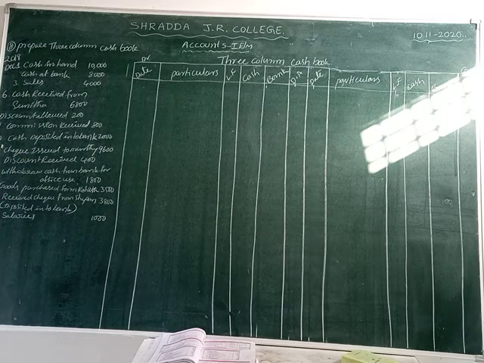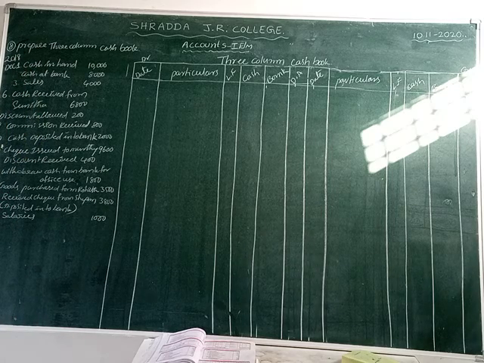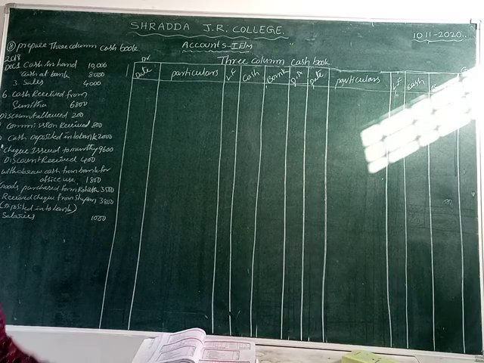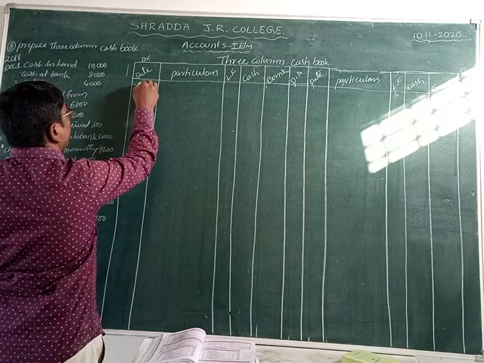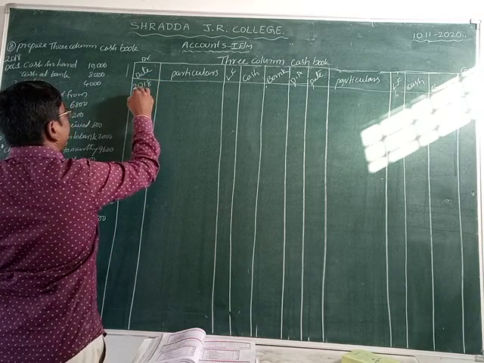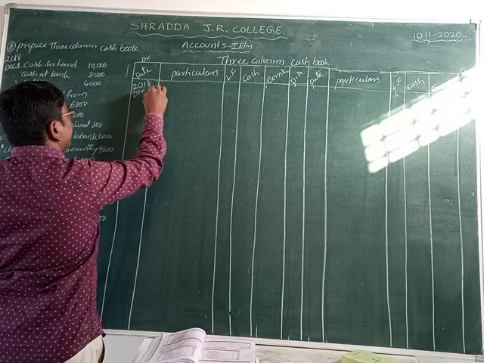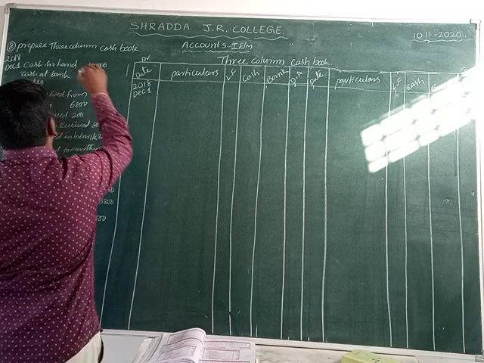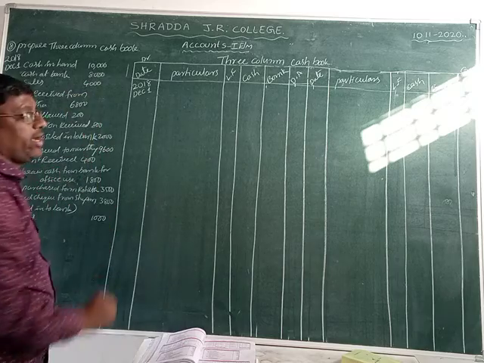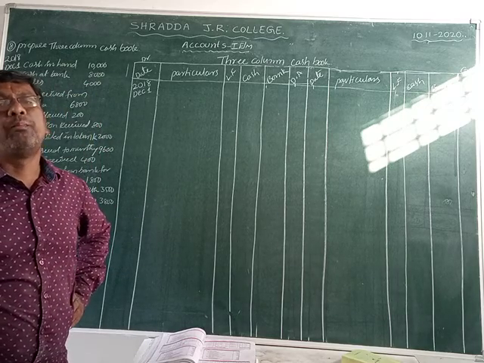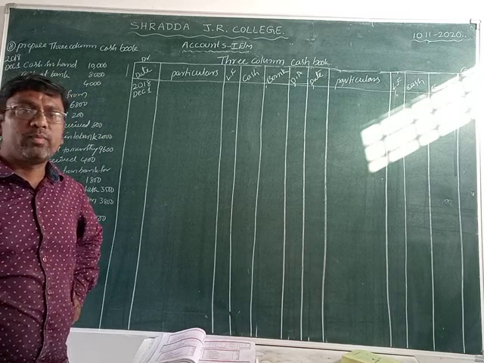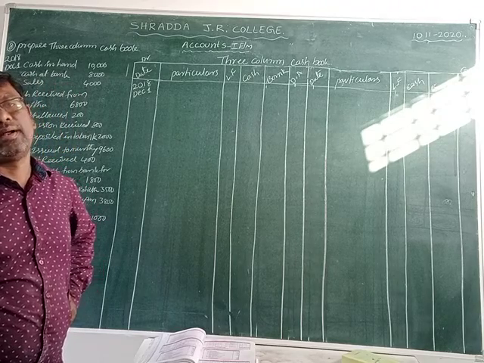What is the first one? 2018 December 1st. What is given? Let us see. December 1st, cash in hand and cash at bank given. Both are what? Opening balances. Cash opening balance and bank opening balance.